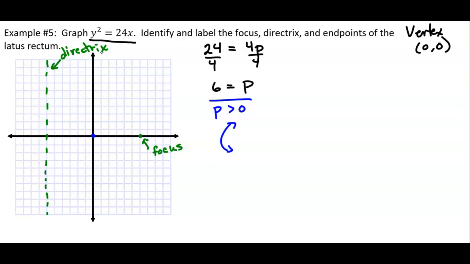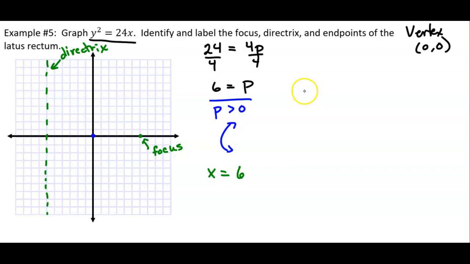What you're going to do then is let x equal p. Okay, and so I'm going to plug in a 6 for that.